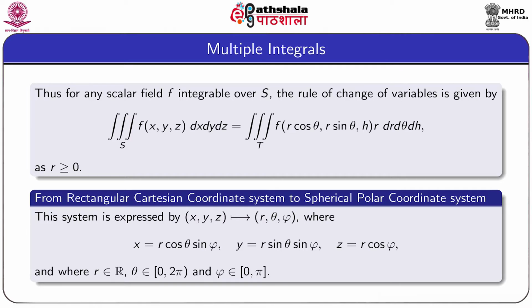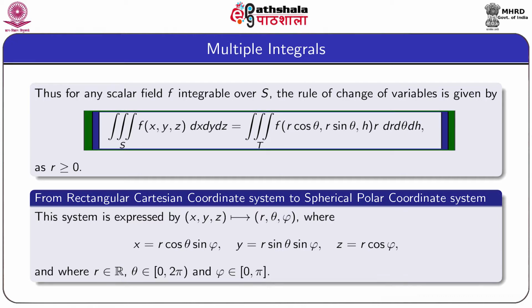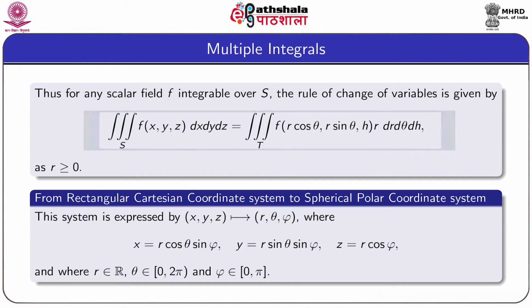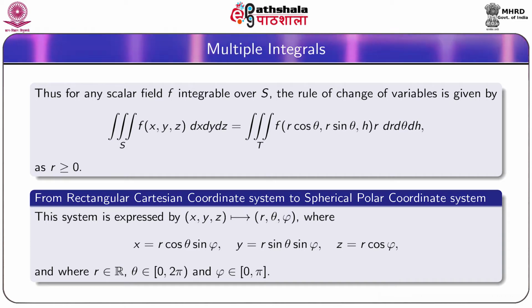Thus, for any scalar field f integrable over S, the rule of change of variables is given by the triple integral of f over S equals the triple integral of f considered as a function of r, θ, h, that is f(r cos θ, r sin θ, h), times r dr dθ dh, integrated over T. Here we use the condition that r is non-negative.